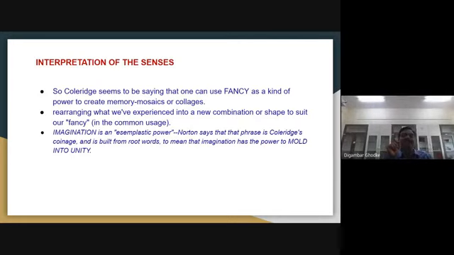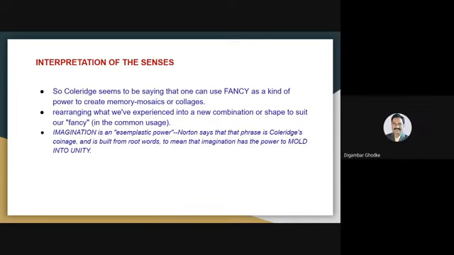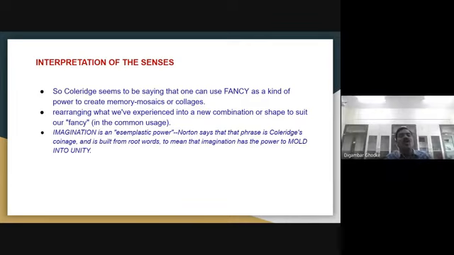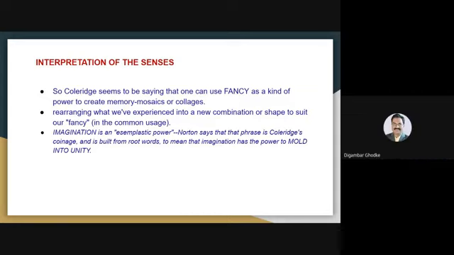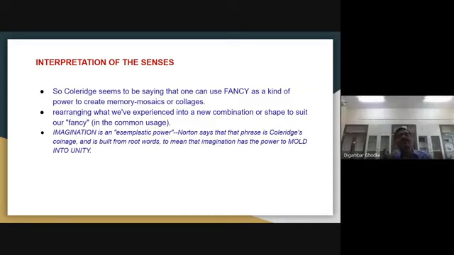To coin, you might be knowing in linguistics, especially in morphology, the term coinage is used. Coinage means to find a new word, to coin a new word. So esemplastic power is Coleridge's coinage. He was the first to use this term.